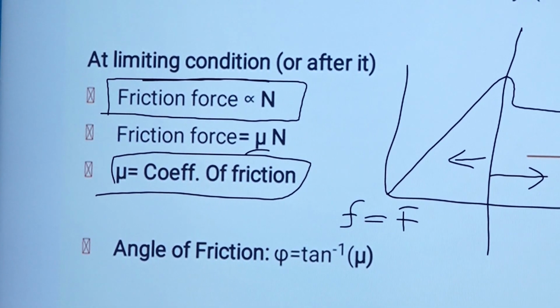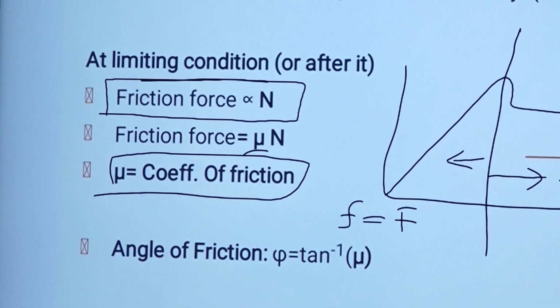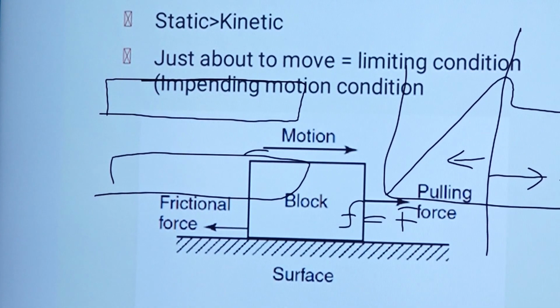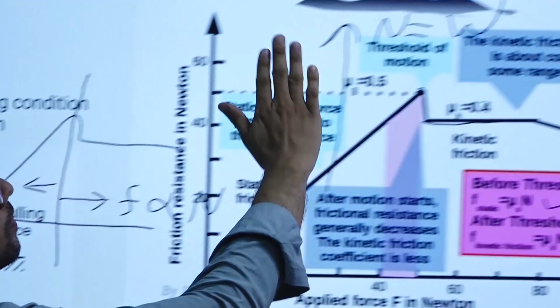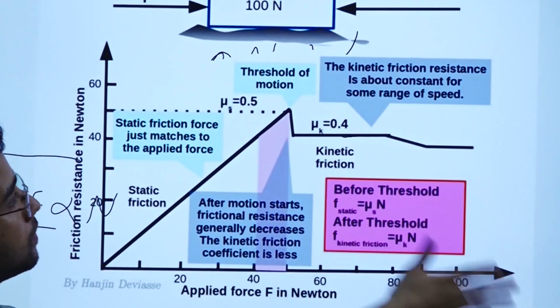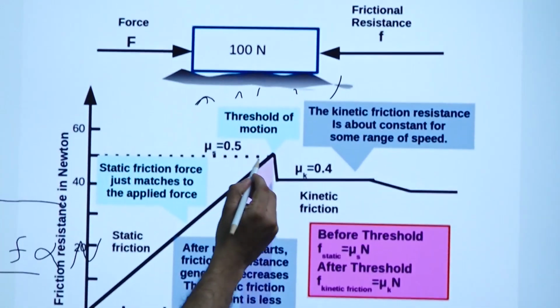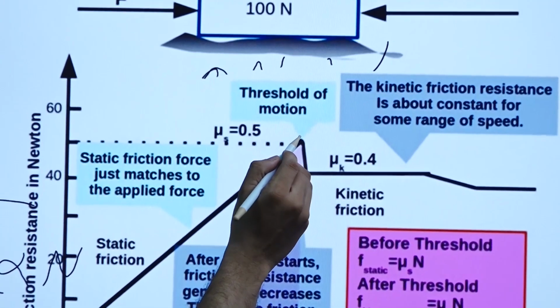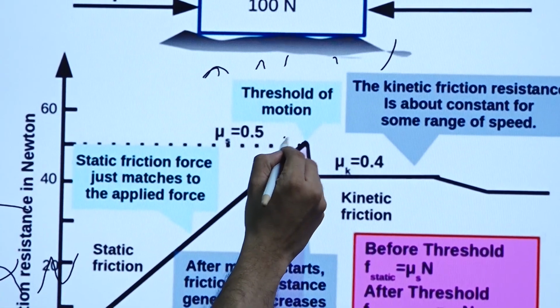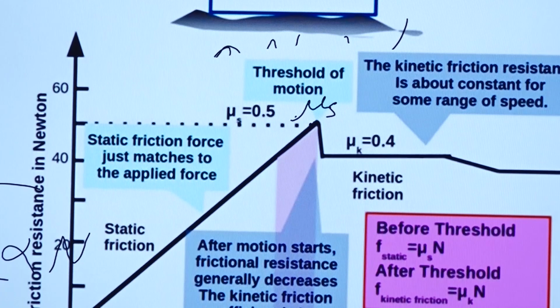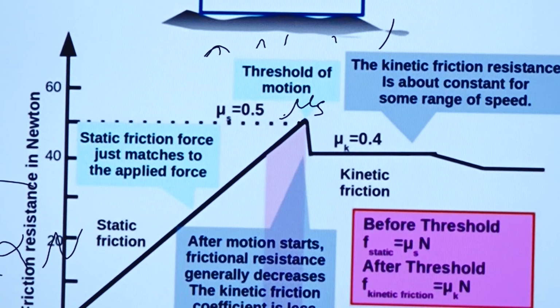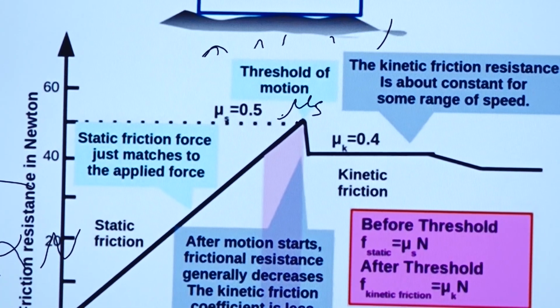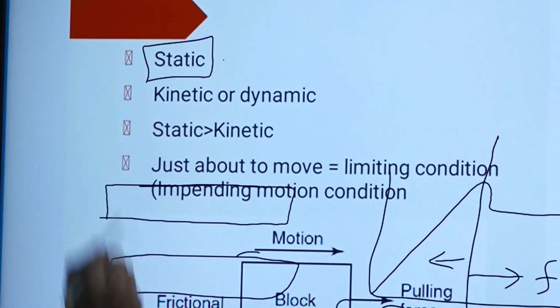So mu is the coefficient of friction. I will go back to the previous slide. Here in this diagram, just at this point, we have mu s. What is mu s? Mu s is the friction coefficient for the static case.